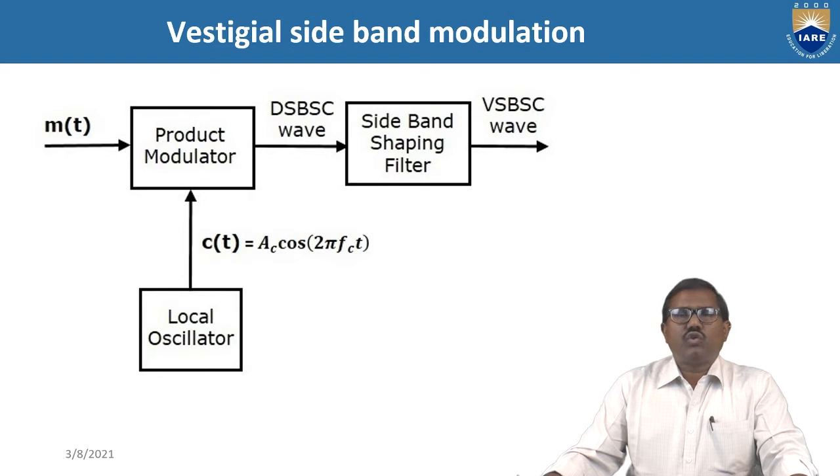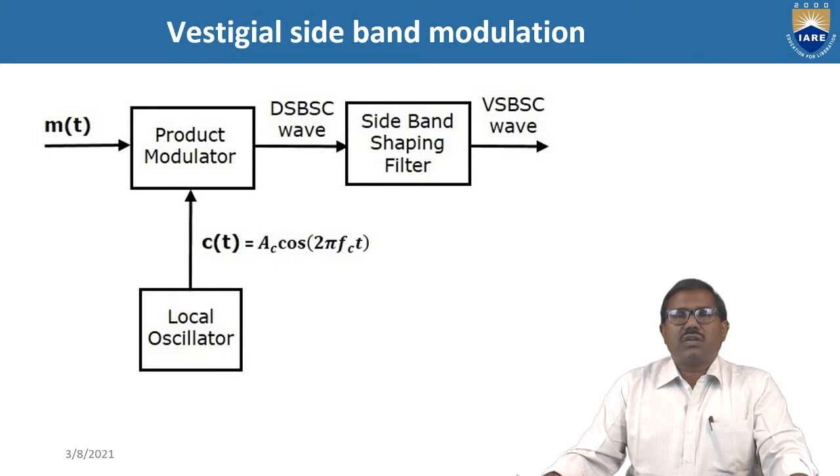Here we are giving two inputs to the product modulator: m(t) and c(t). m(t) is the message signal, or you can also call it the modulating signal, m(t) = Am cos 2πfmt, and c(t) is the carrier signal, equal to Ac cos 2πfct.